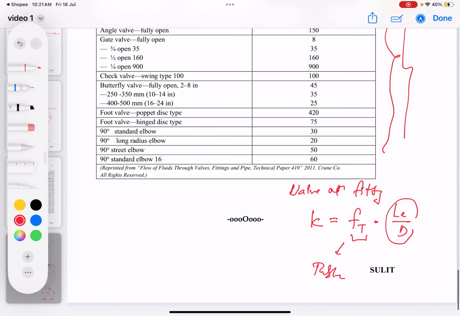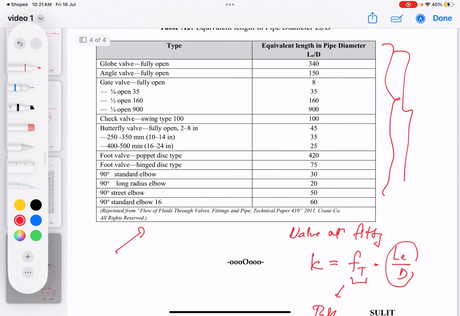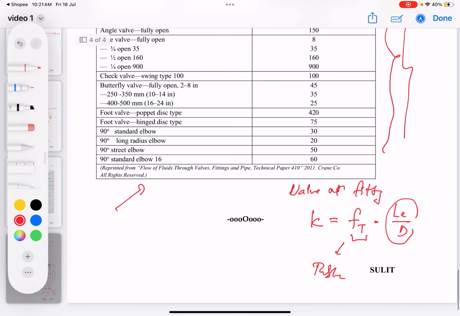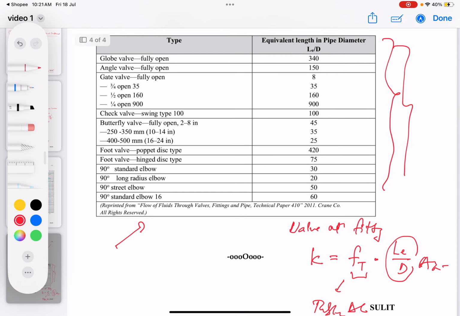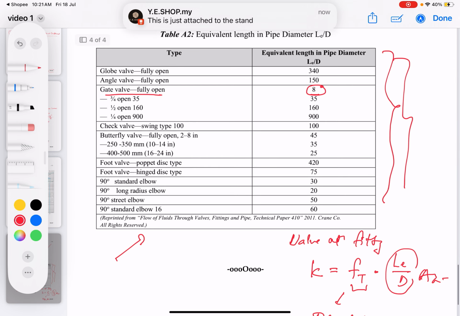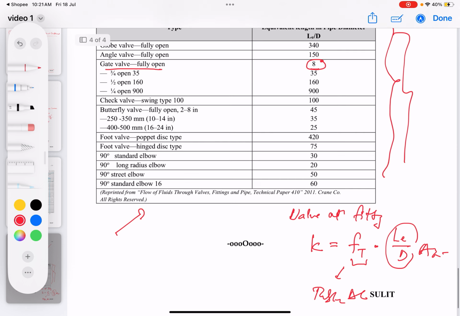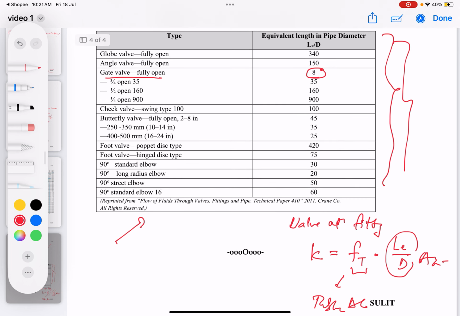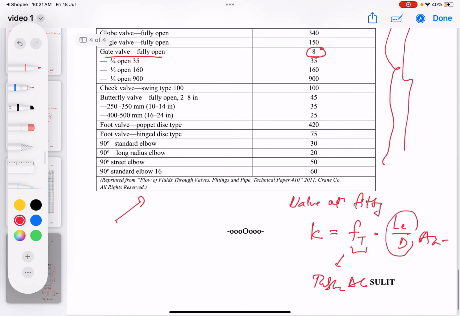And then LE over D depends on Table A2. So let's say they say the valve used was a gate valve fully open. For the gate valve fully open, LE over D is going to be 8.